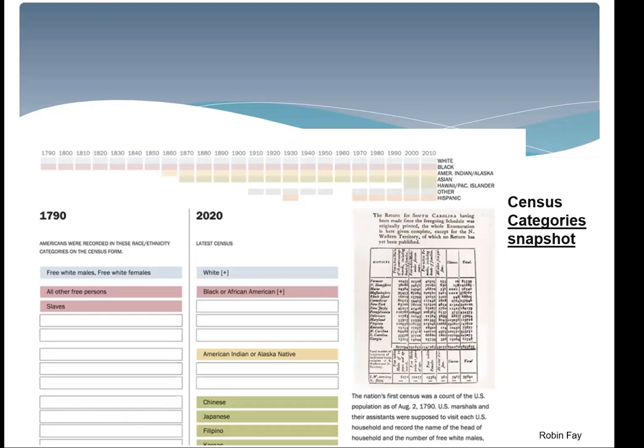For example, in 1960, well, for several years, there was no other category. And then we did not start collecting Hawaiian and Pacific Islander until the 2000 census. So if you were from Hawaii and you identified as Hawaiian, then you would kind of have to put yourself in another bucket.